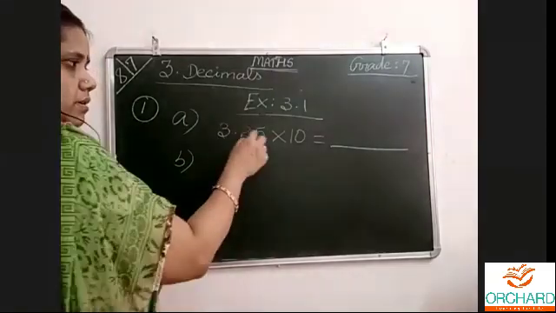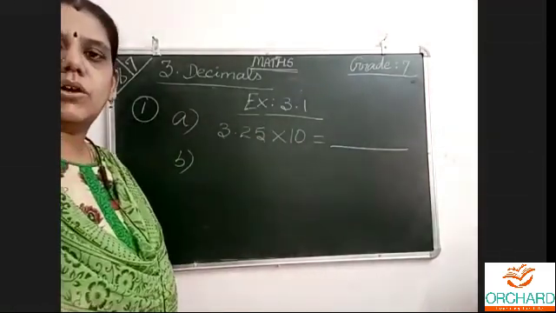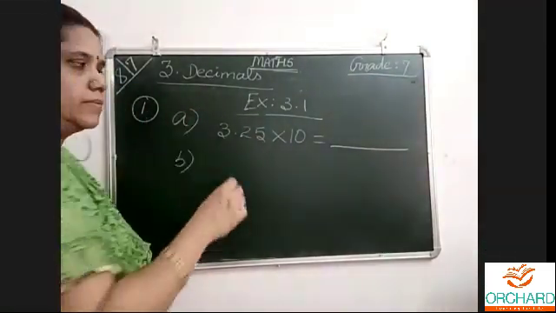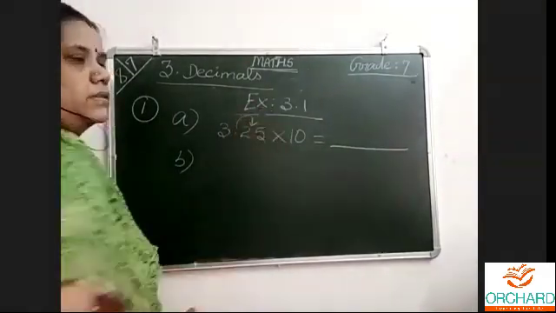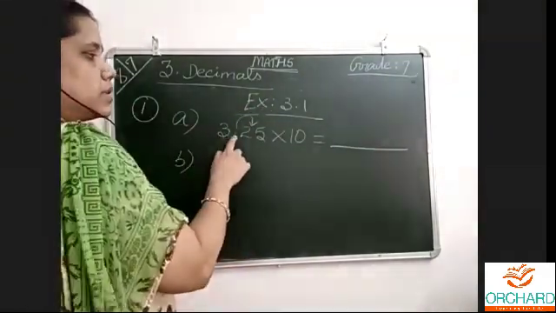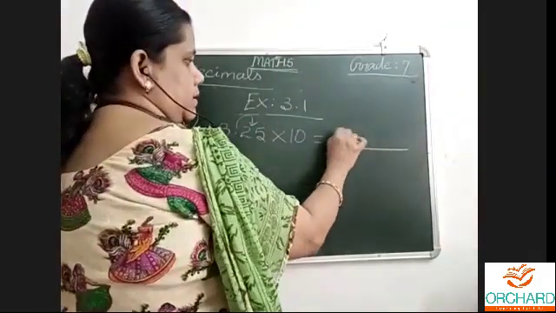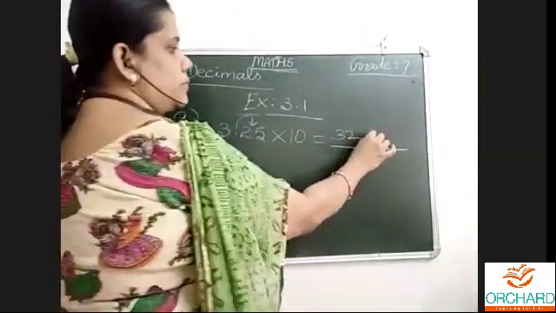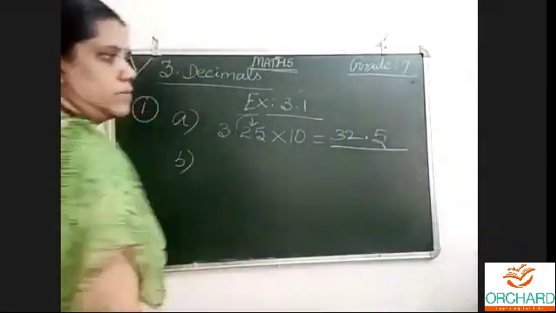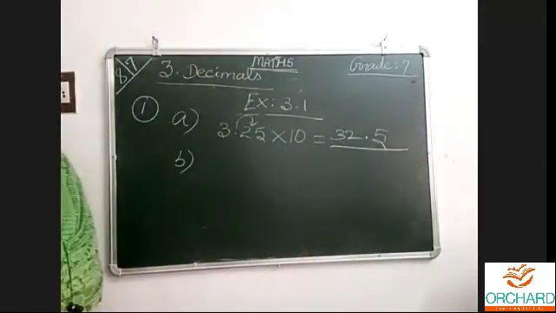When I multiply by 10, what to do? One place has to jump. So one place, the point went here, this number joining to the right. 32.5. Very, very simple.